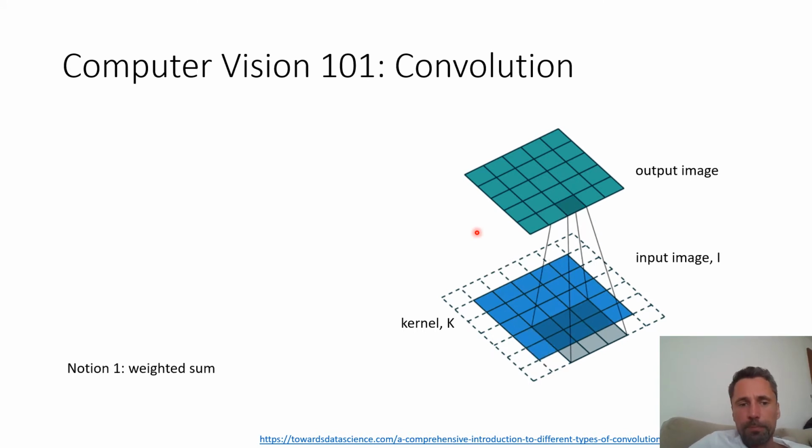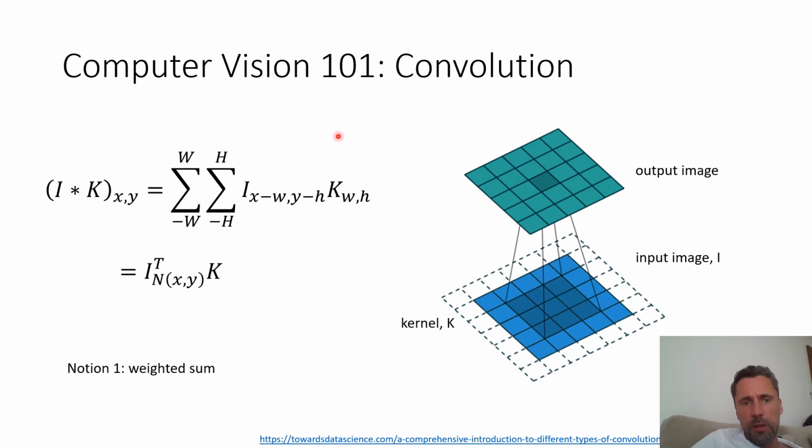Okay, so this is the first notion. We have a weighted sum of pixel brightnesses, and the weights are expressed as kernel coefficients. Now this is the equation. So we have our image and we have our kernel k, and we iterate over all the indices.